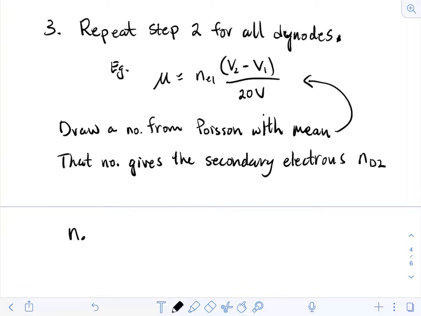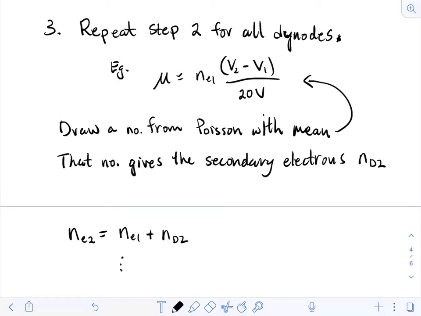Then the number of electrons leaving the second dynode would be equal to the number of electrons that were coming in, which are the ones from the first dynode, Ne1, and then we would add Nd2, and then we would continue.